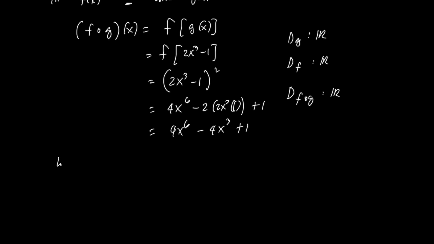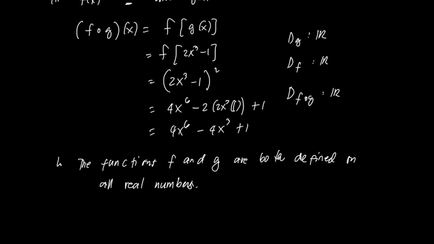So the explanation: the functions f and g are both defined on all real numbers, meaning their domains are real numbers. Then x is any real number, then x is in the domain of g.